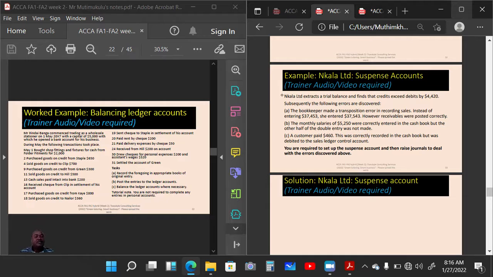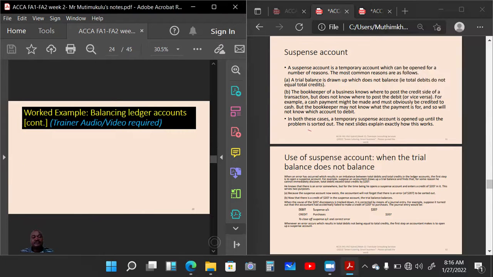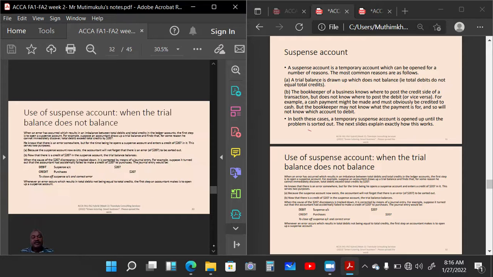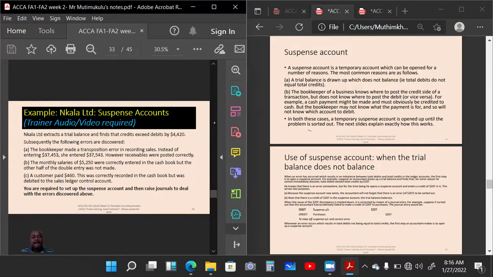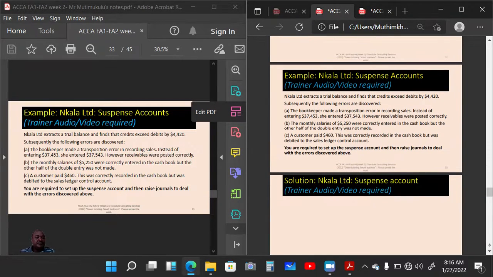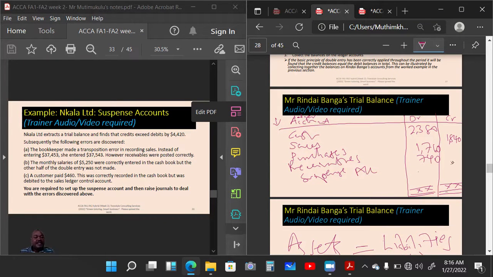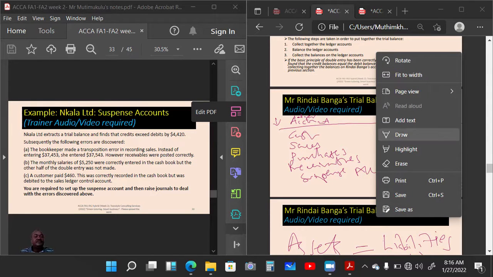So in this trial balance, what we are saying is the credit exceeds the debit, so a suspense account for 4420 was required, or was opened.